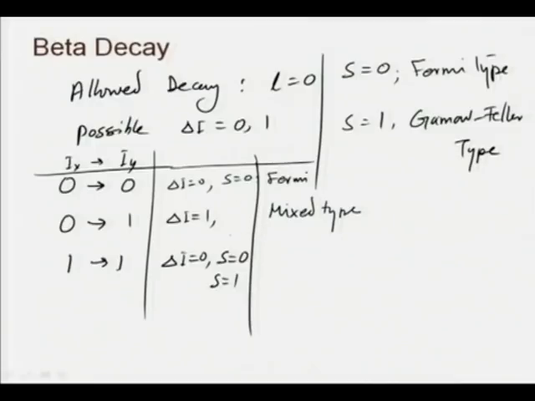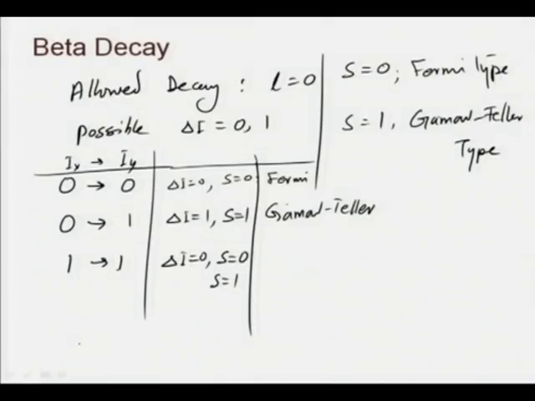This is possible only if S is equal to 1, and therefore, this is equal to a pure Gamow-Teller type, and in the last case I x equal to 1 to I y equal to 1. This is delta I equal to 0, but S is equal to 0 or S is equal to 1, both are possible. So, we have actually both Fermi and Gamow-Teller types, or called the mixed type.